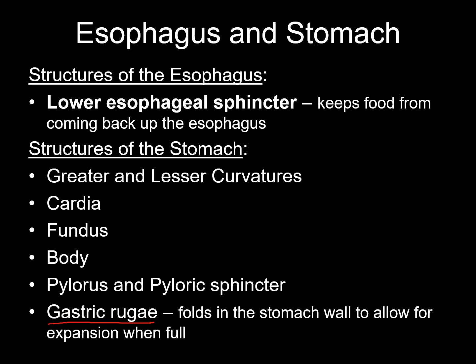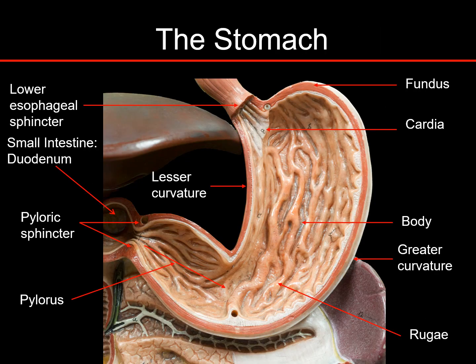So when you eat a large meal, your stomach is able to expand without rupturing or exploding, even though sometimes we feel like our stomach's going to explode after we gorge ourselves after Thanksgiving dinner or whatever that may be. But it's amazing how the stomach can stretch. Okay, so let's look at those structures of the stomach.